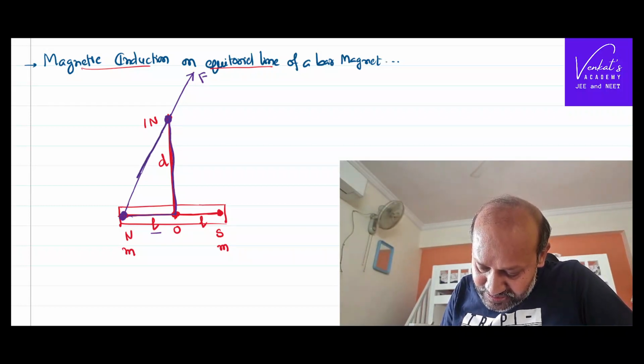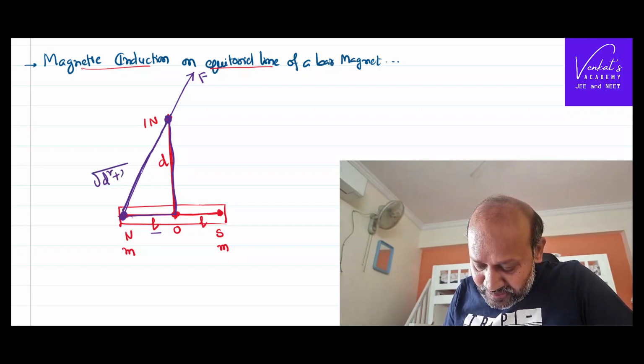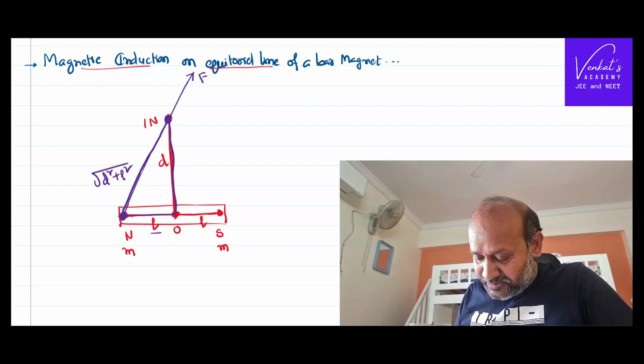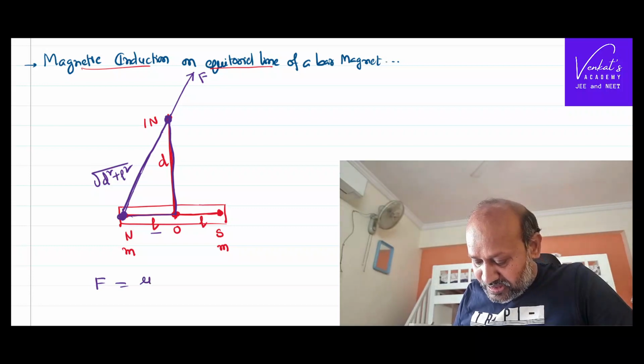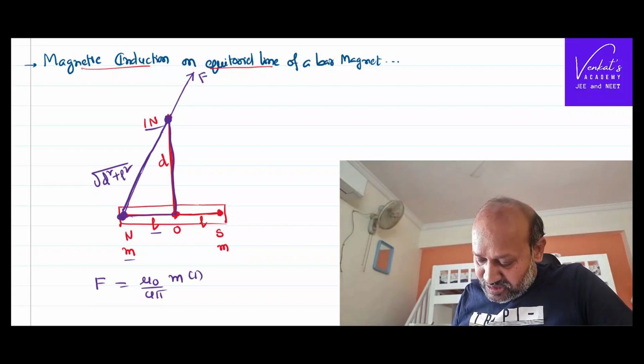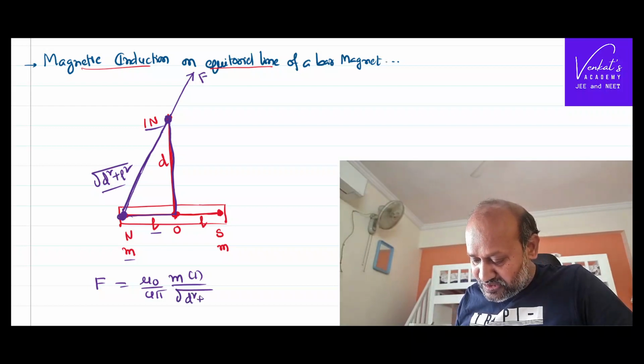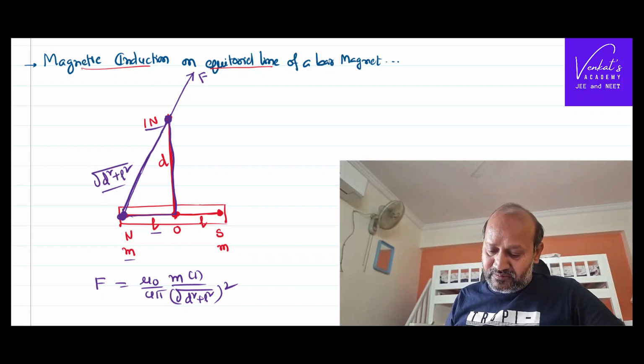This distance, as per the Pythagoras theorem, becomes root of d square plus L square. So the force between this and this pole, using the inverse square law, is mu0 by 4 pi, M1 is M, M2 is a unit north pole, divided by distance square. The distance is square root of d square plus L square, whole square. That is the force due to the north pole.